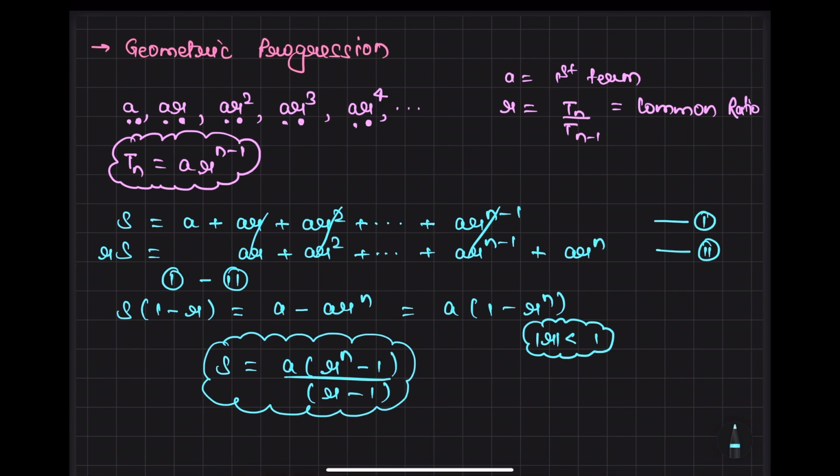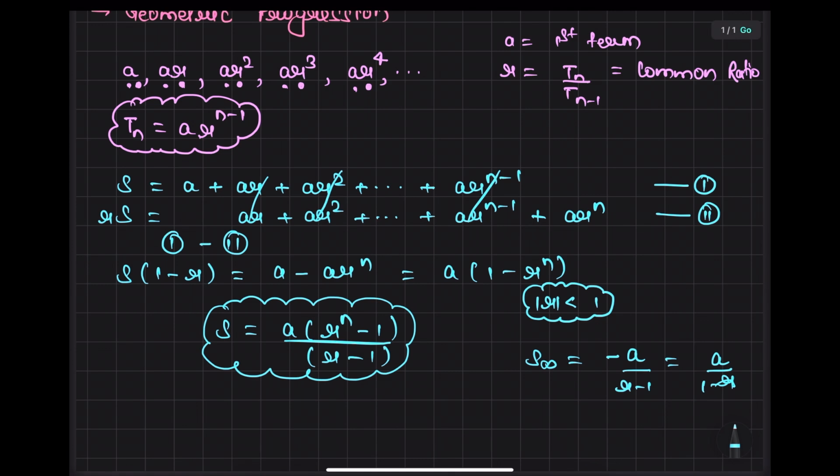Suppose the element is 1 by 2 to the power n, and n is infinite, so 1 by 2 to the power infinity becomes 0. This element will vanish, so s infinity becomes minus of a by r minus 1, or you can also say a by 1 minus r.